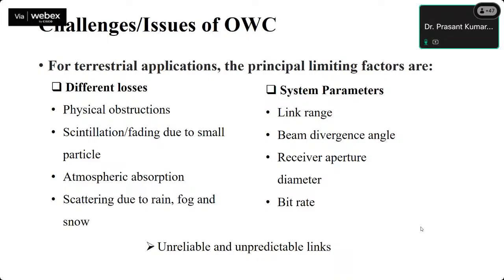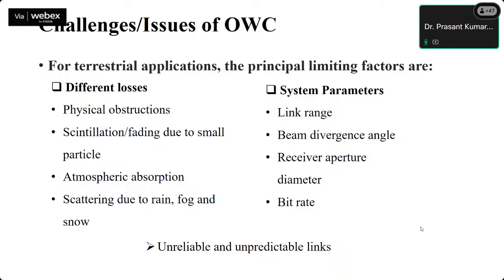Suppose we are on the line of sight, and if a bird flies over that line of sight, it will create an obstruction. Or suppose a tree has outgrown, that will create obstructions. That will again create an issue on the bit error rate as well as your reachability. So this physical obstruction is one of the major issues. Before deployment, the place needs to be properly surveyed.